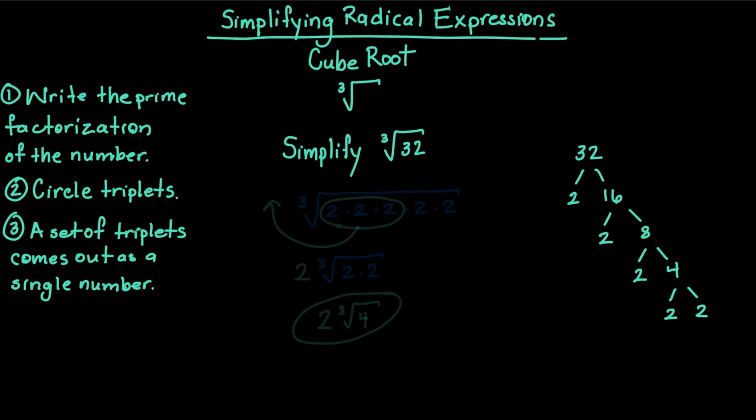So we can rewrite the cube root of 32 as 2 times 2 times 2 times 2 times 2.